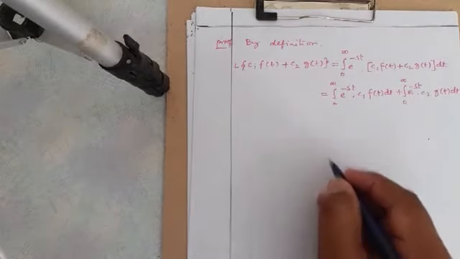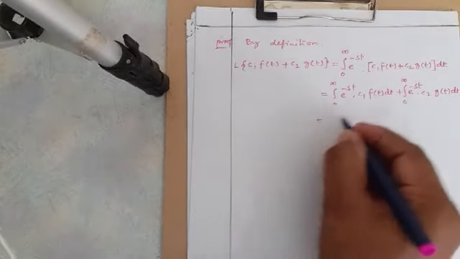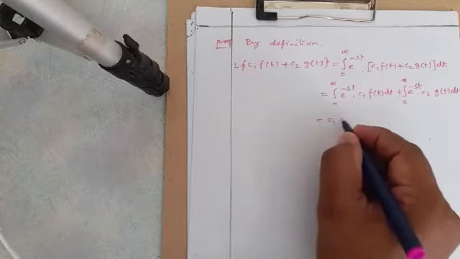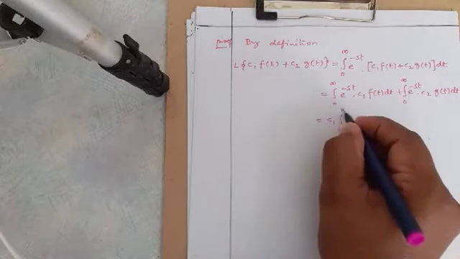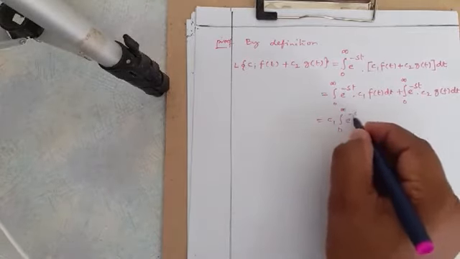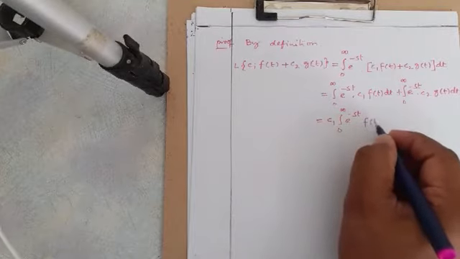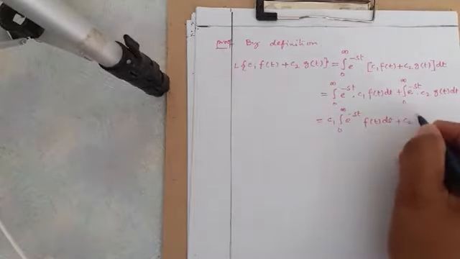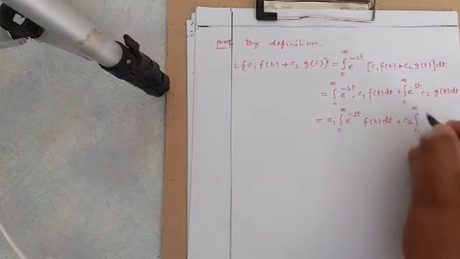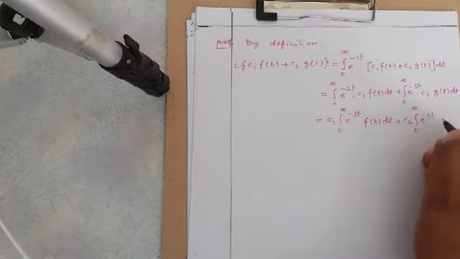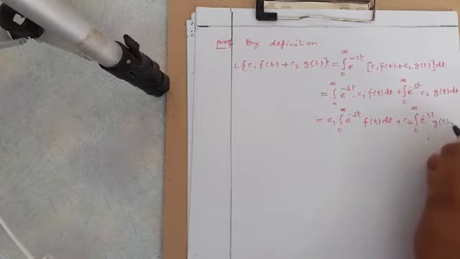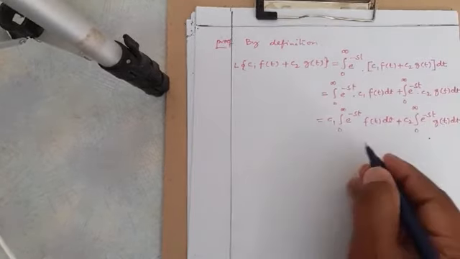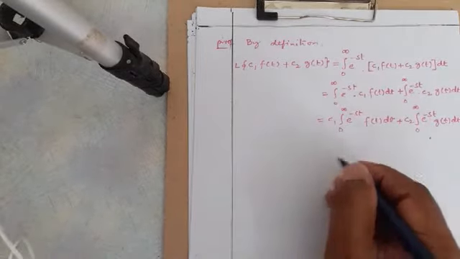Then you take the constants outside, so that becomes c1 integral 0 to infinity e power minus st f of t dt plus c2 integral 0 to infinity e power minus st g of t dt. So in this step we are taking out the constants.